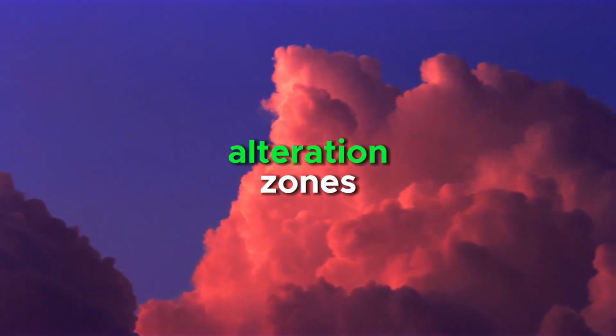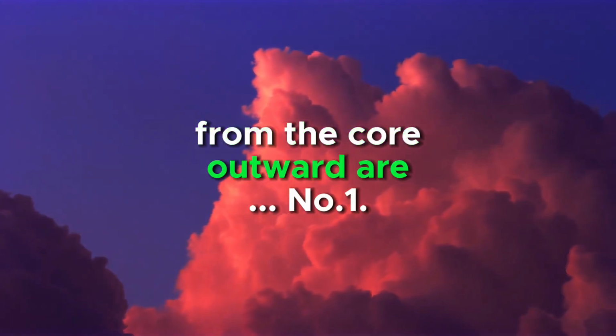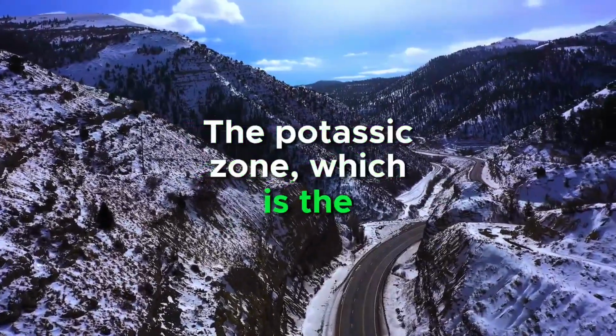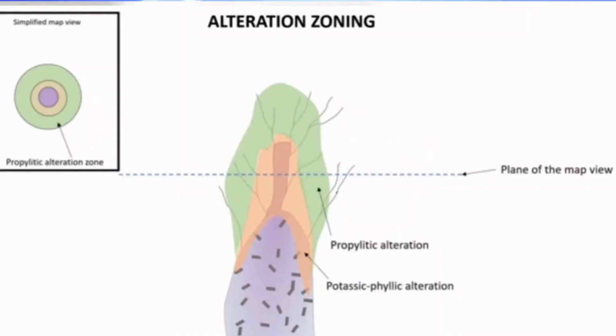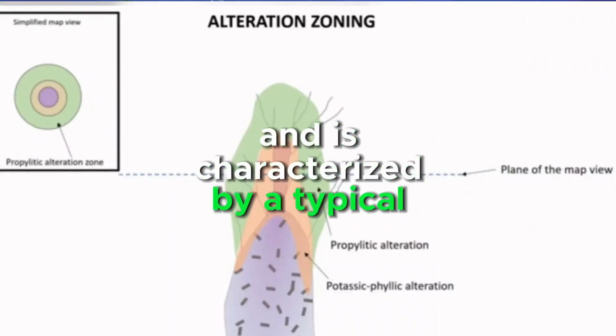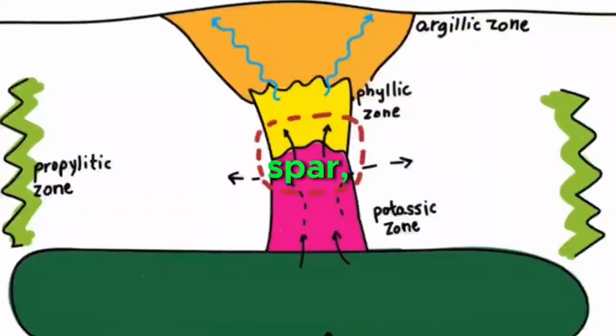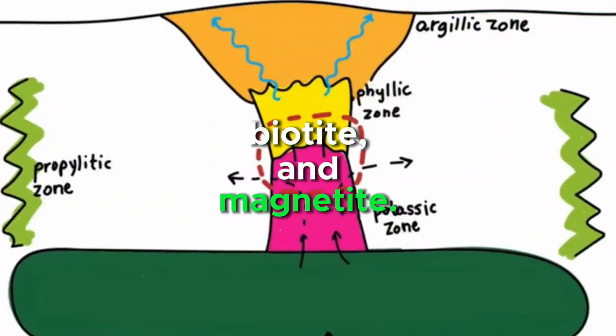The main alteration zones from the core outward are: number 1, the potassic zone, which is the closest to the core and is characterized by a typical mineralogy that includes K-feldspar, biotite, and magnetite.